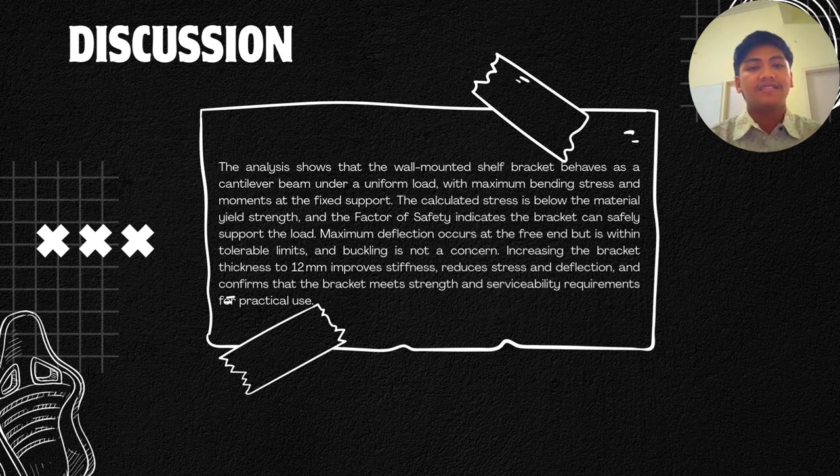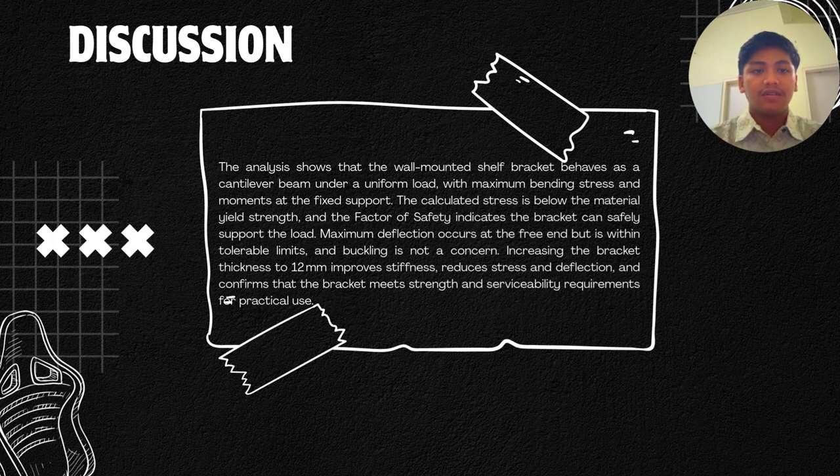Next is discussion. The analysis shows that the wall-mounted shelf bracket behaves as a cantilever beam under a uniform load, with maximum bending stress and moment at the fixed support. The calculated stress is below the material yield strength, and the factor of safety indicates the bracket can safely support the load.